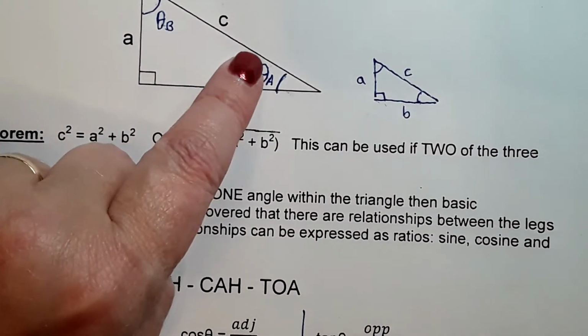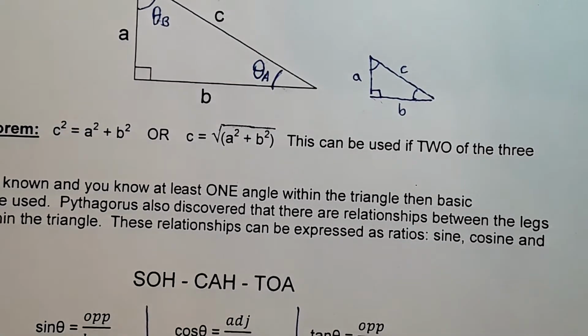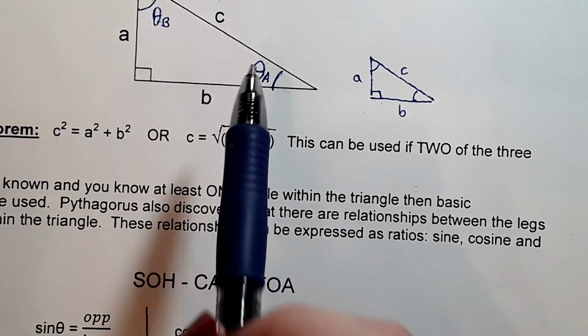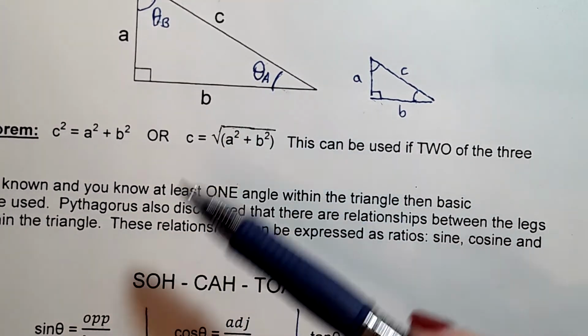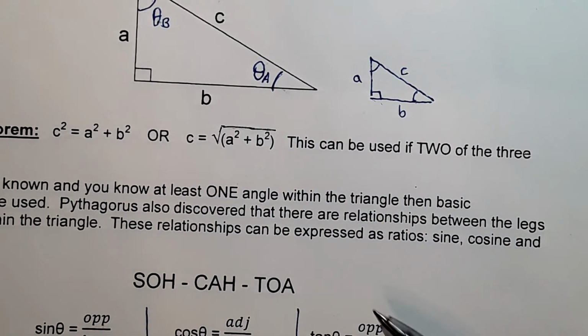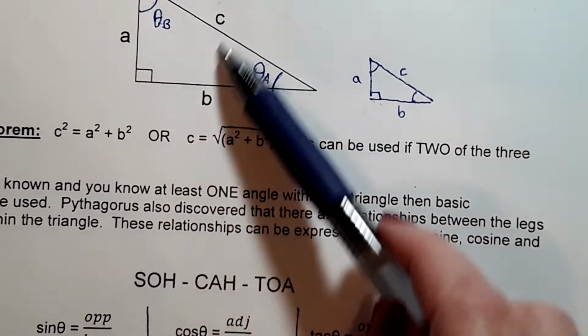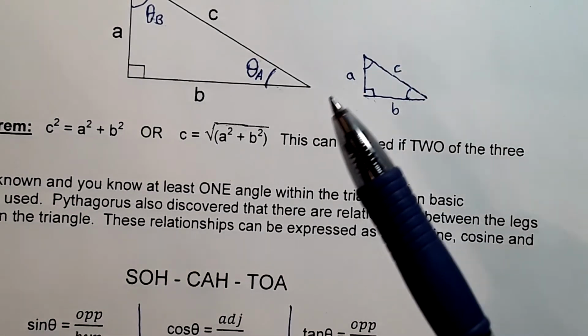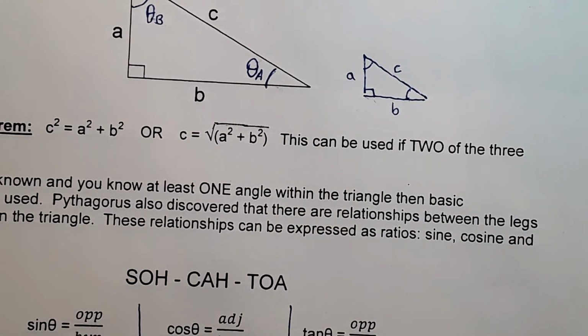Maybe it's north of west or above the negative x-axis. What you want to do is find this using one of these functions. Well, now, if you've already used the Pythagorean theorem, you've probably got all three sides already. But there is a wiser choice on which one of these to use.